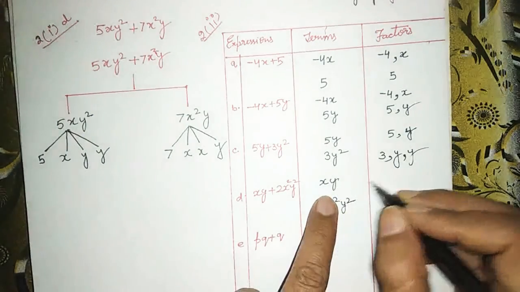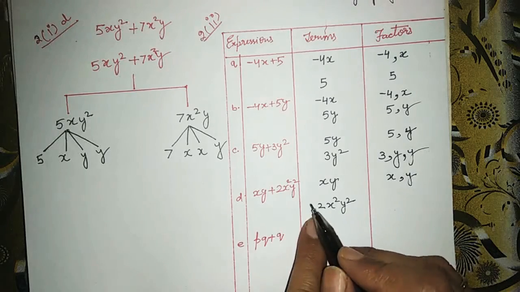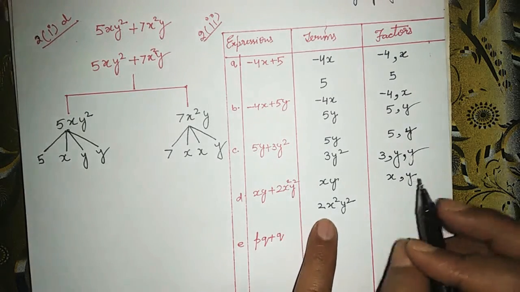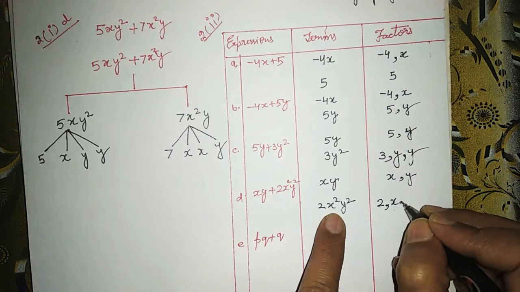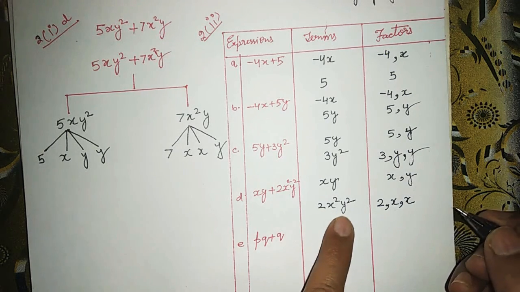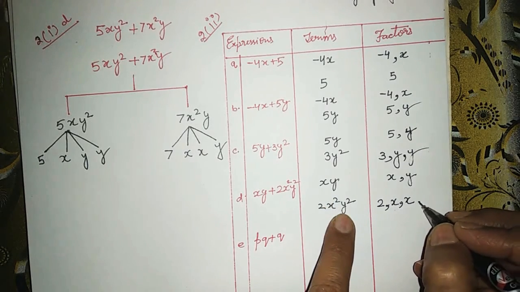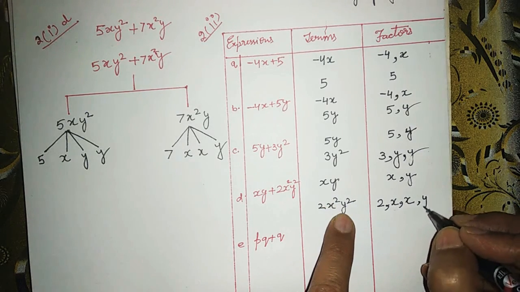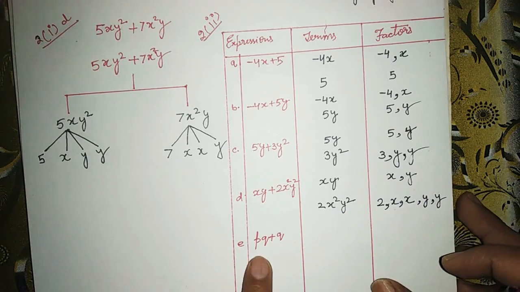Now factors of xy: x, y. Factors of 2x square y square: 2, x, x. You will write x for x square. Like this you will write y, y for y square.